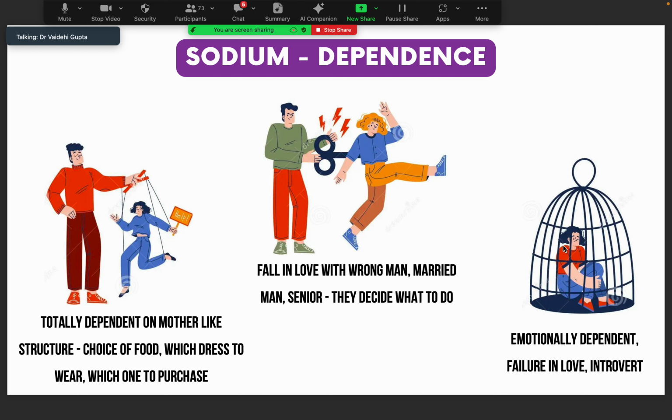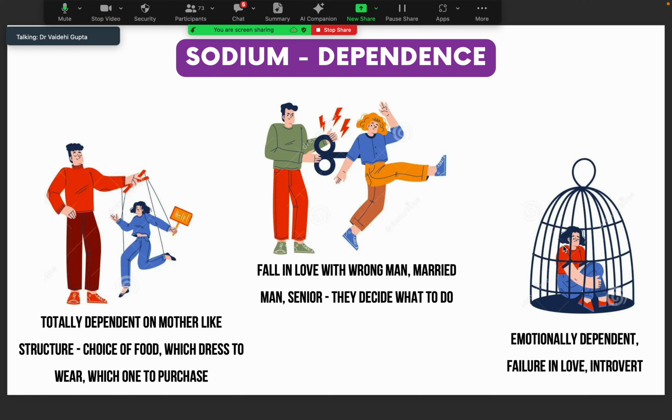Sodium, dependence. Since sodium is from group 1, they are totally dependent on another person, totally dependent on a mother-like structure. For the choice of food, whatever is suggested, he will eat. Which dress to wear, which one to purchase, everything is decided by some other person. A sodium lady used to fall in love with the wrong man, a married man, a senior.